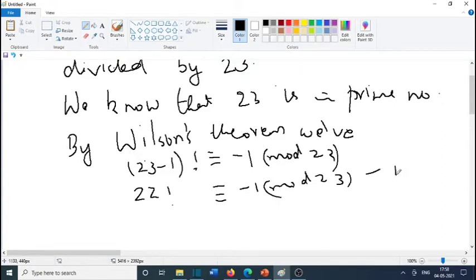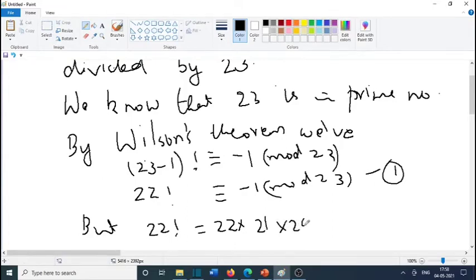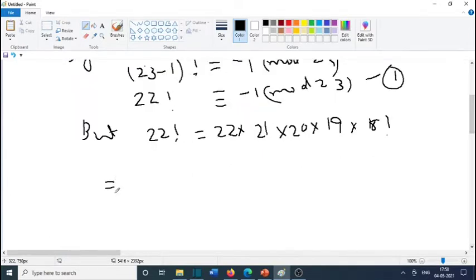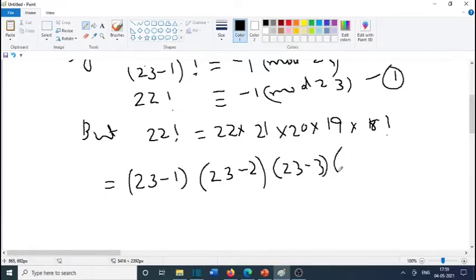This is equation 1. But 22 factorial is equal to 22 into 21 into 20 into 19 into 18 factorial, which is equal to 22 is 23 minus 1, 21 is 23 minus 2, 20 is 23 minus 3 and 19 is 23 minus 4, into 18 factorial.